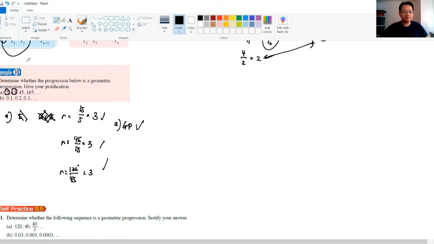Okay, so how about B? B, 0.2. Find R first. 0.2 divided by 0.1, then we get 2. And then the third term divided by the second term: 0.3 divided by 0.2, we get 3 over 2, which is 1.5, right?